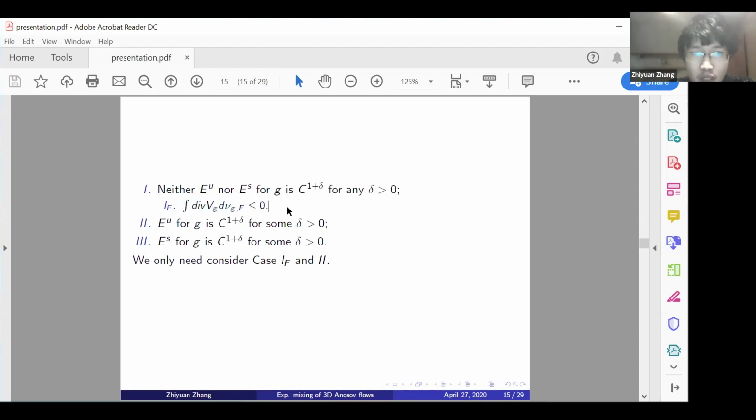If it is positive, then we reverse the flow so that it is non-positive. Then there are two other cases. This classification is tautological because any flow must be in one of these classes. So without loss of generality, in the other cases, EU is C1 plus epsilon, C1 plus tau.